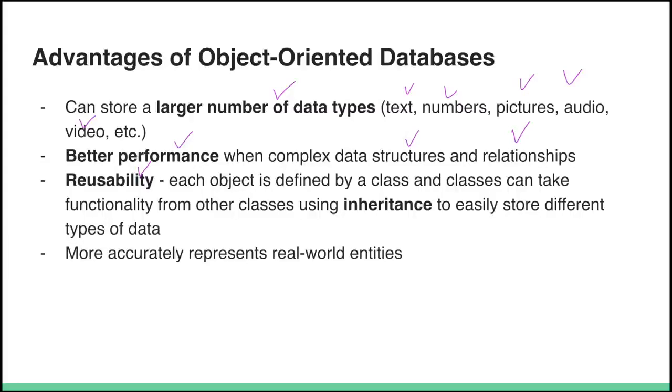In relational databases, we would need to add columns, maybe split a table into different tables. We'd have to do a lot more legwork to create new and complex data structures in an existing database than with object-oriented databases. And finally, object-oriented databases tend to describe or represent real-world entities more accurately.